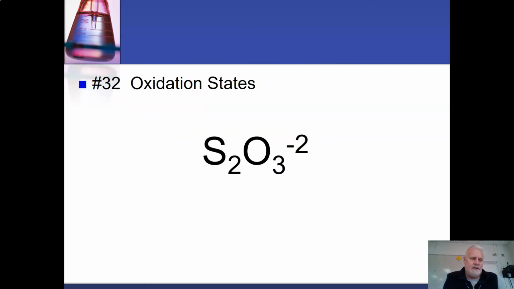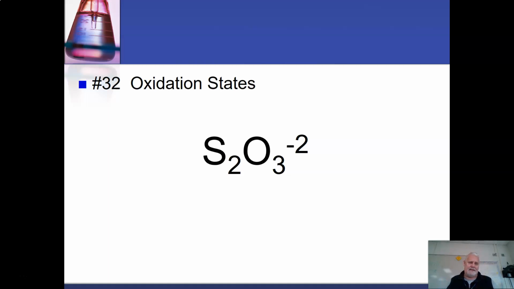Number 32 is a review of oxidation states. You thought, I almost made it without having any significant homework. This one is worth looking up your oxidation rules, either in your notes, if you've taken good notes all year. We talked about this right before we talked about batteries, oxidation and redox. But this is just assigning oxidation numbers.